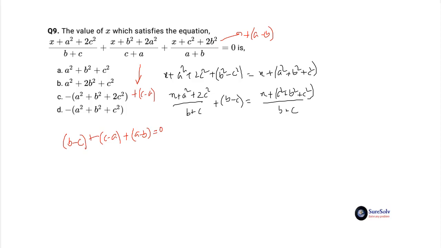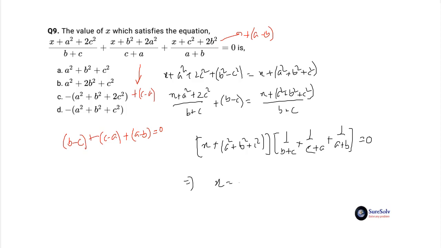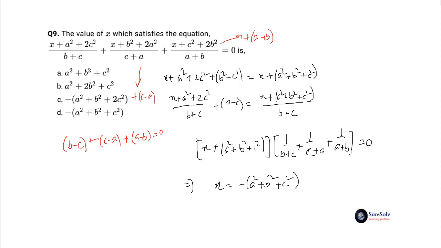The final result would then be X plus A square plus B square plus C square multiplied by 1 by B plus C plus 1 by C plus A plus 1 by A plus B equal to 0. Or X equal to minus in the brackets A square plus B square plus C square. Answer is option D, minus in the brackets A square plus B square plus C square.